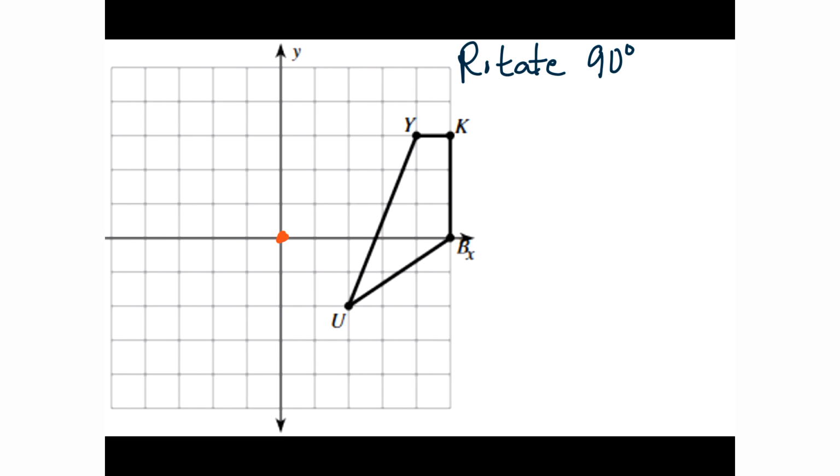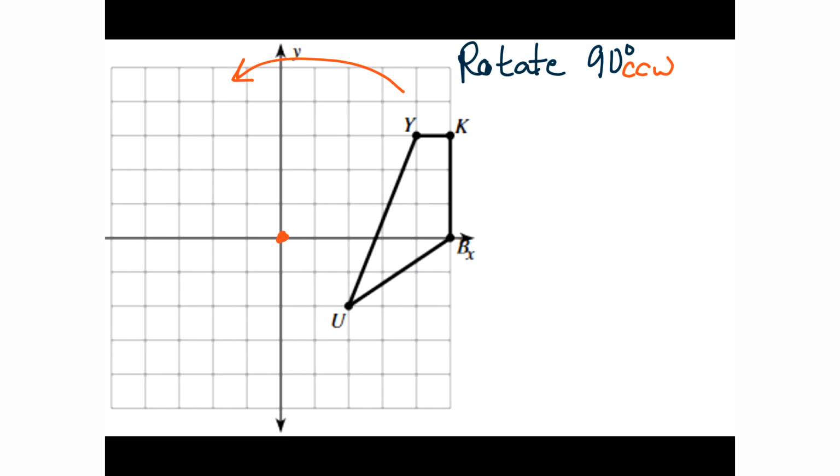I'm not given a direction, so in mathematics, the normal direction is counterclockwise. That means that I have to rotate it this particular direction. So I'm just going to put counterclockwise here.